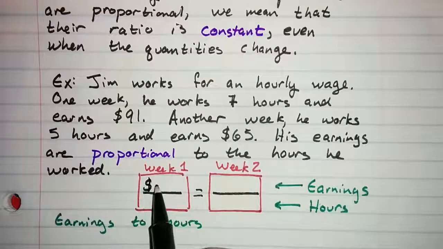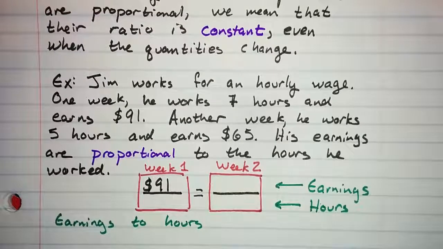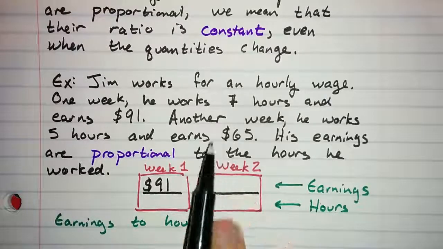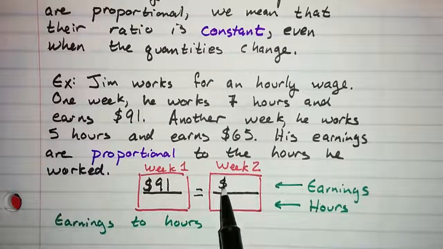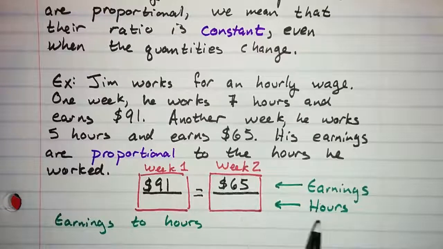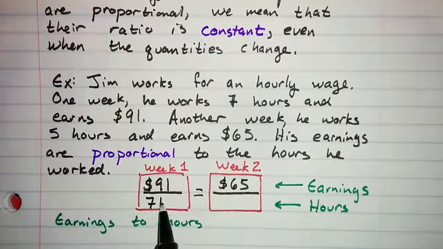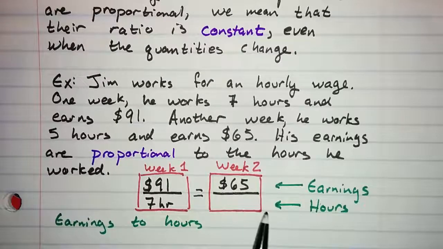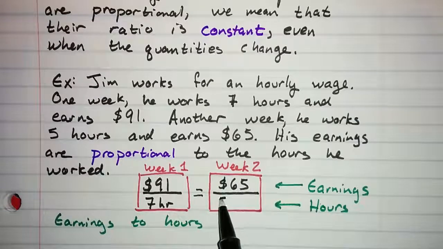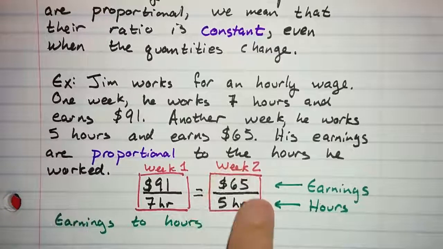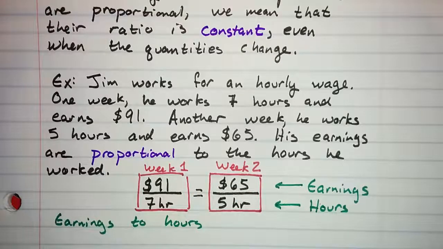That'll be $91. Here I'm going to want my earnings in week 2. That'll be $65. Here I'm going to want my hours worked in week 1. That'll be 7 hours. And here I'm going to want my hours worked in week 2. That'll be 5 hours.